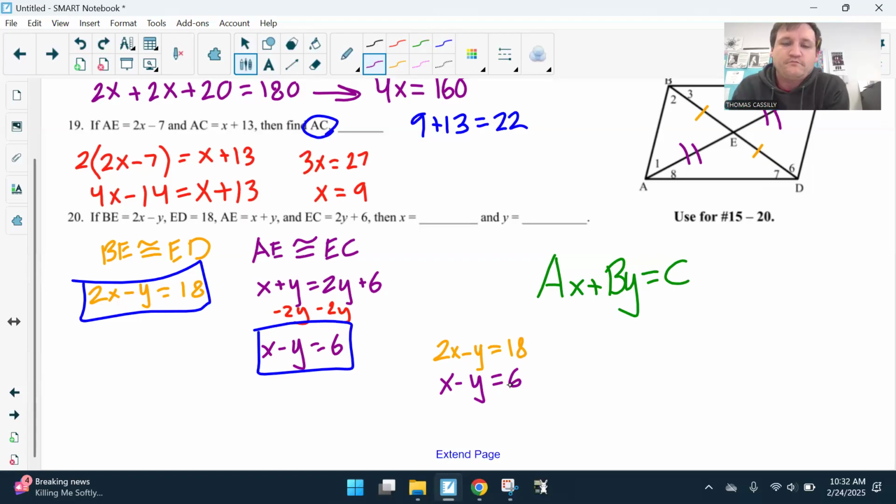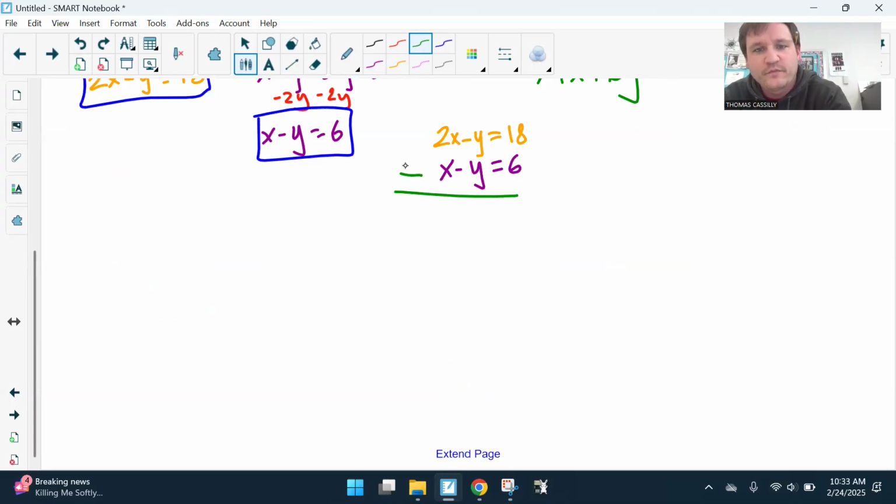All right, now, a lot of times we add these together and we hope to eliminate a letter. Sometimes it doesn't always work. If I add these straight down, I have 3x plus 2y. How about minus 2y? 3x minus 2y equals 24. That doesn't help me any. I still have x's and I still have y's.